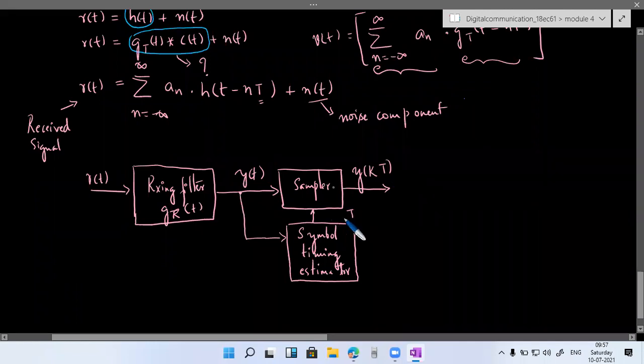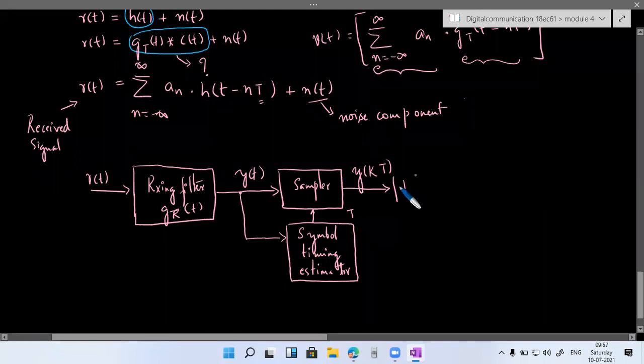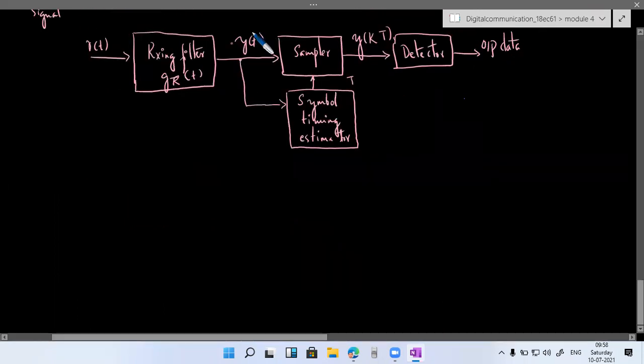For every T seconds, we'll obtain a new sample. In turn, this will be made to go through this detector stage, where we'll make an estimate of our data. Or in turn, here is where I'll be getting output data. So this is the thing. Now I want you guys to tell me what is this y of t equal to?